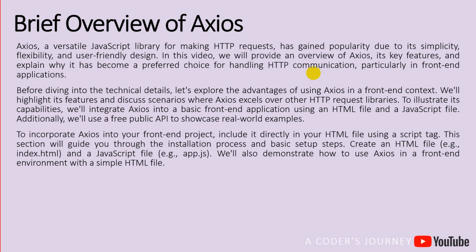Basically, we will create a simple HTML file, for example, index.html, and we will use a JavaScript file called app.js, and then we will start using Axios in that JavaScript file in our front-end applications to make some HTTP requests to a backend API and read the response and so on. This is, I think, the simplest example of using Axios in a front-end application.